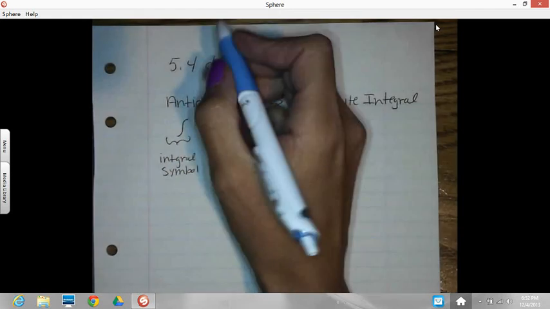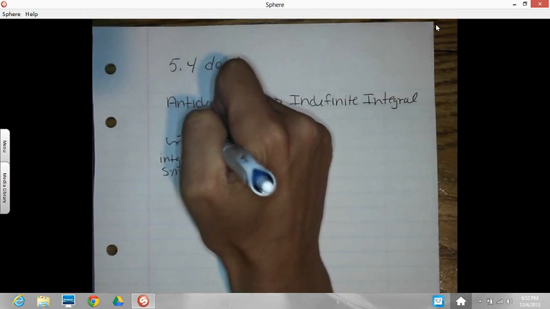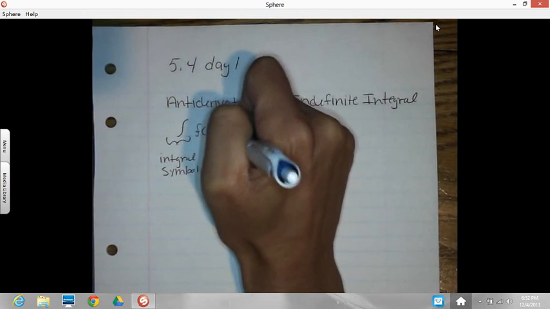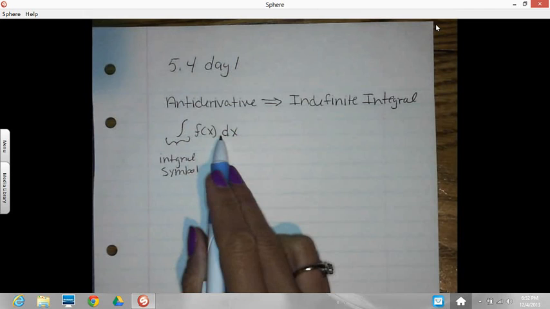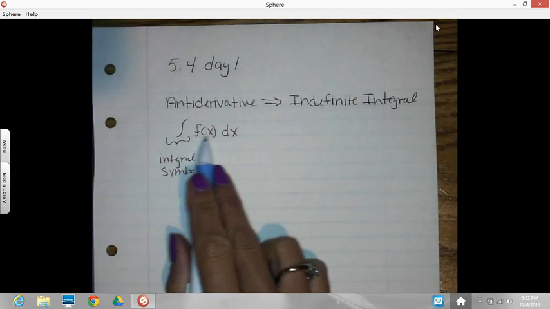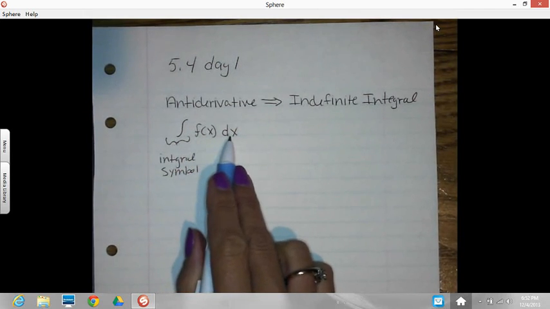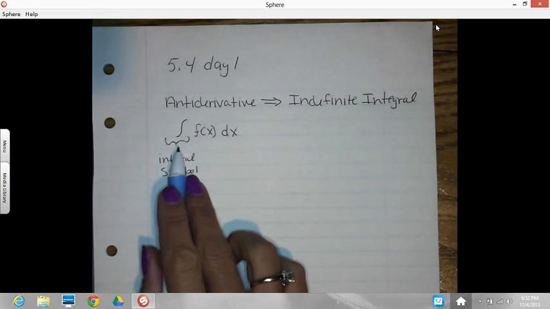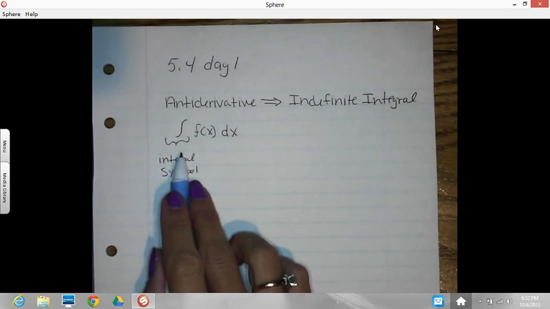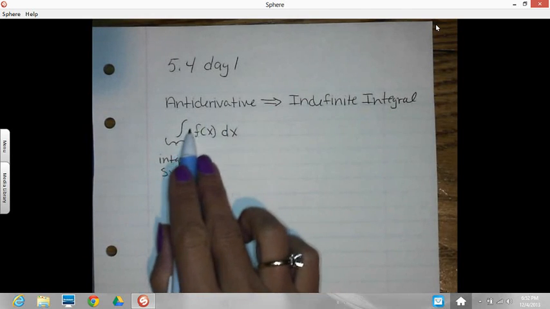Let's say f of x, and you'll have the dx on the end. It's going to be written like in the differentials that we had yesterday. You'll just always have a dx on the end. That's just the way it's going to be. So the integral symbol says find the antiderivative of this function.